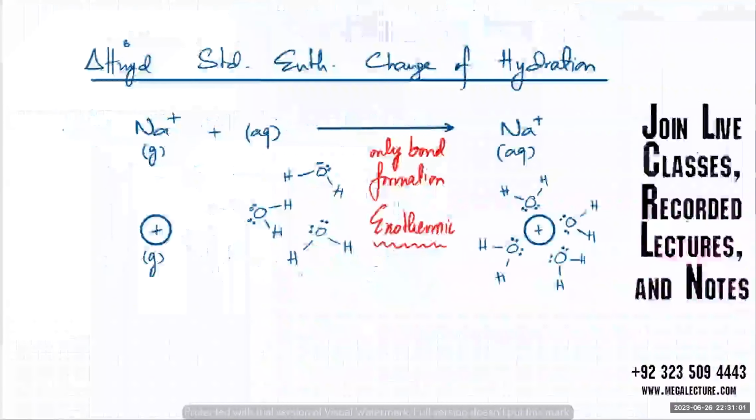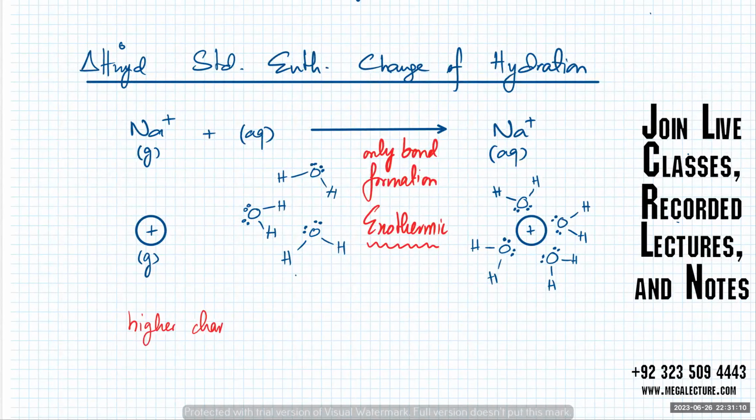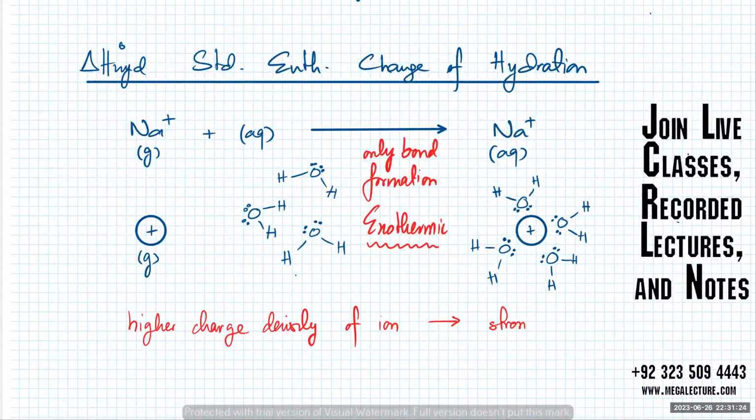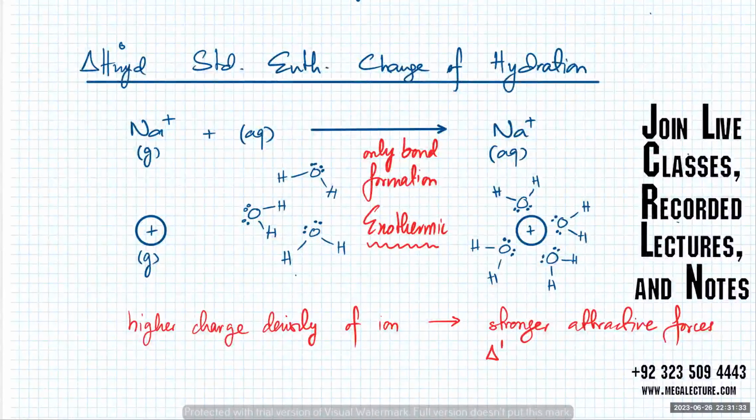And when you get stronger bonds, well, what if you have a higher charge density on the ion? So if you have a higher charge density, that means even stronger attractive forces. That would make delta H hydration even more exothermic.